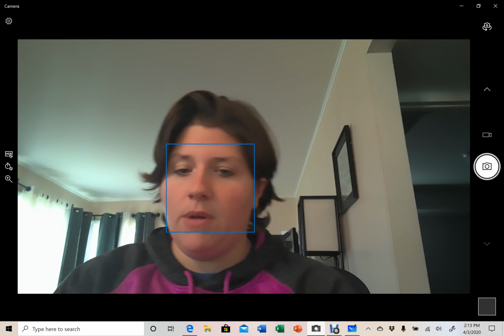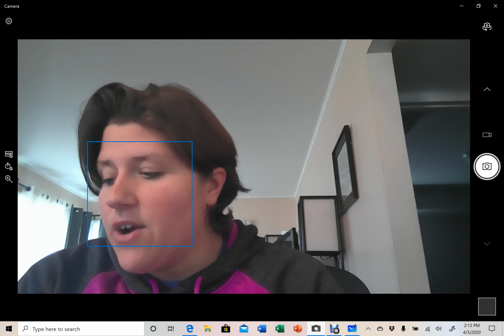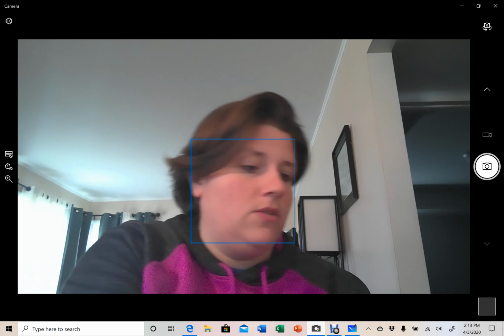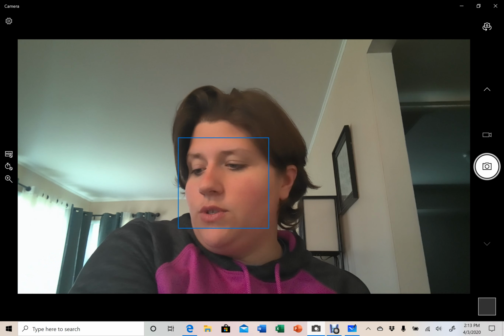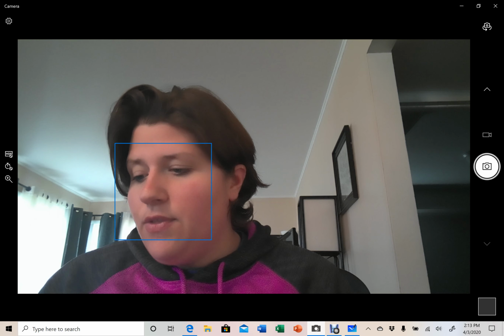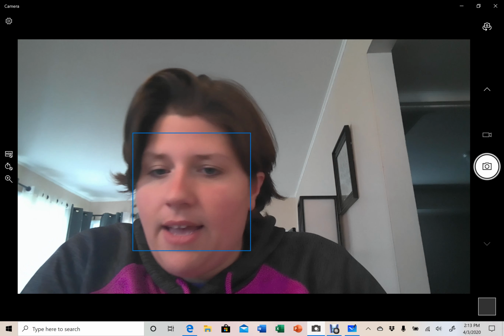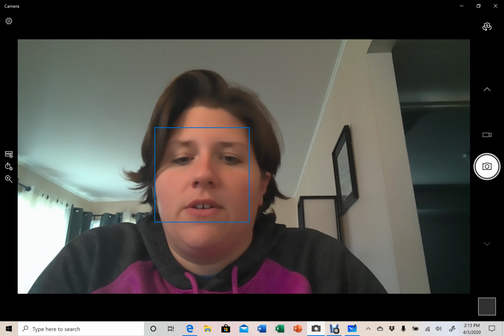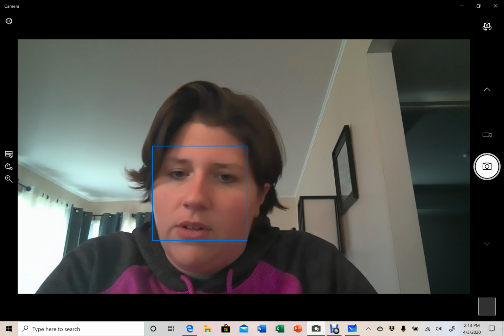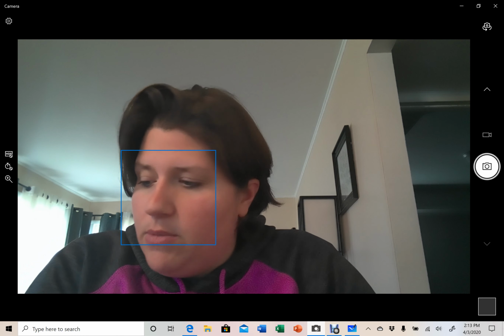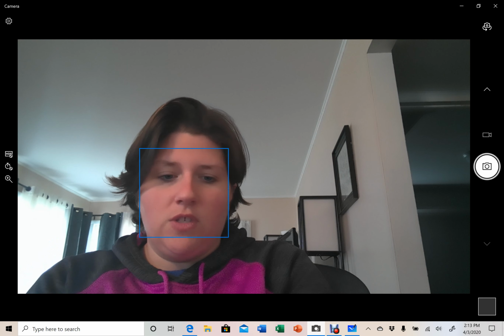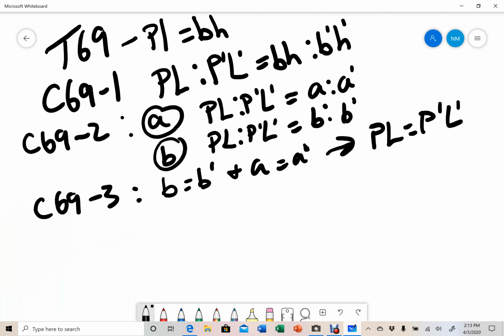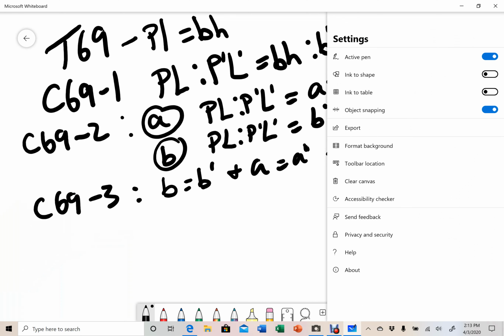Theorem number 70 states the area of a triangle is equal to 1/2 the product of its base and its altitude. Now, hopefully these formulas are not new to you. This is stuff that we learned back in pre-algebra. So we should know these particular formulas, but we're starting off with the basic formula there. So let's go to our whiteboard and start off with theorem number 70.